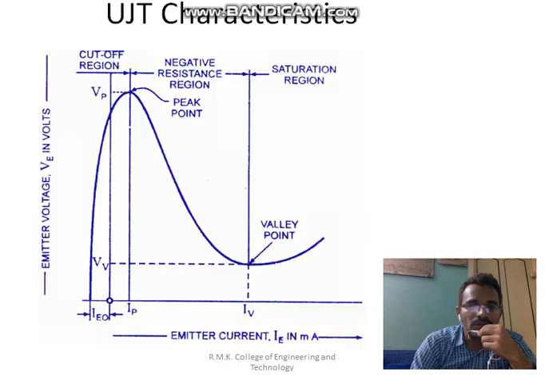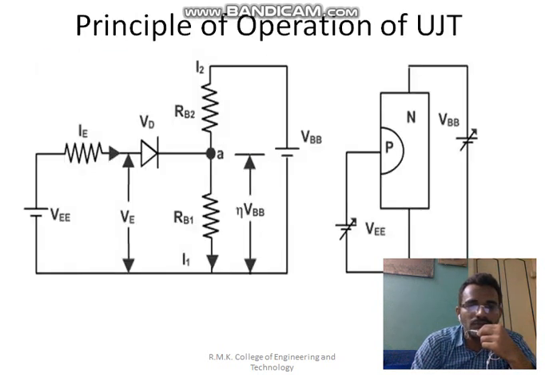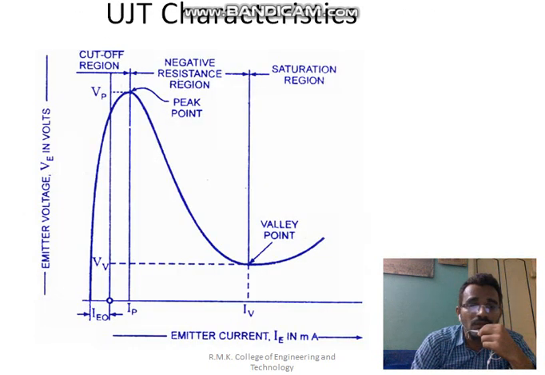And then at a certain point, very important to remember, if the voltage at the emitter is greater than the drop across RB1 and VD, you have the flow of current from IE to RB1, right? When the emitter current is higher, it will reach the peak voltage.